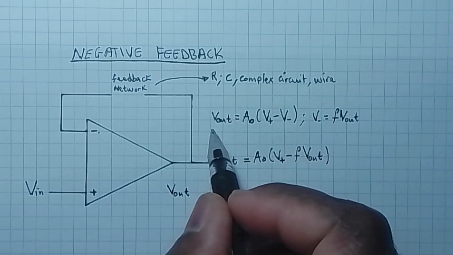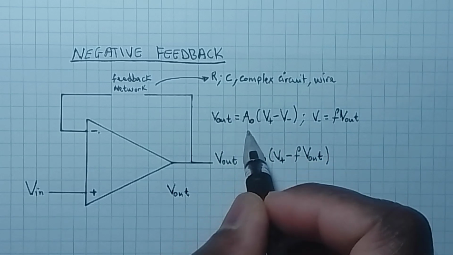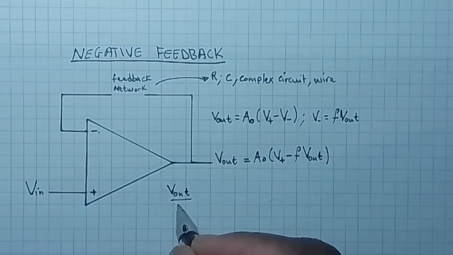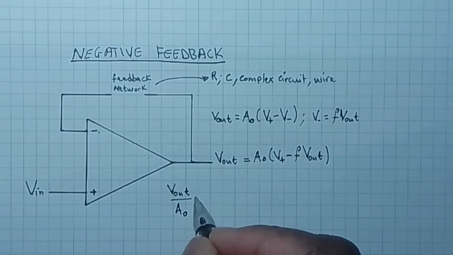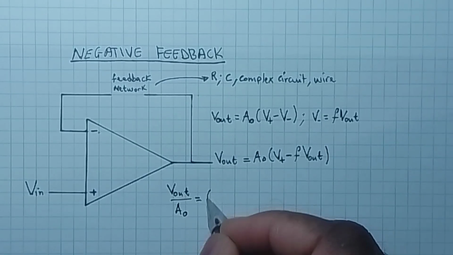Divide both sides by the open loop gain.